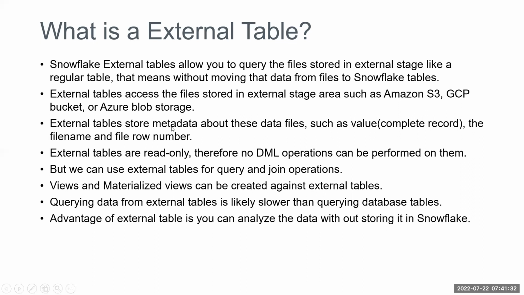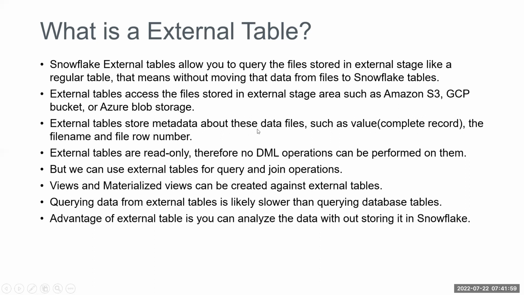External tables store metadata about these data files. So how will this happen? There should be something linking, right? These external tables will not store the data from the files, but they will store the metadata about these data files. Whenever we fire a query on this external table, based on this metadata, it will pull the record from the file and display it.